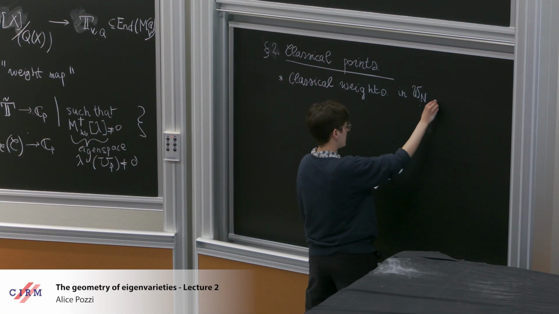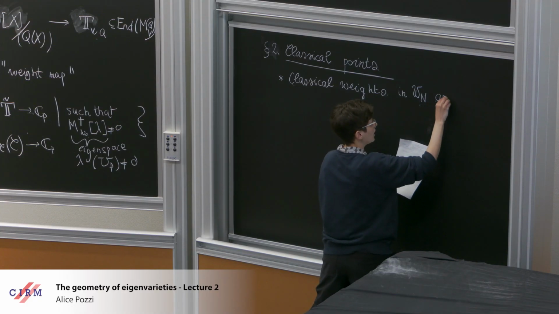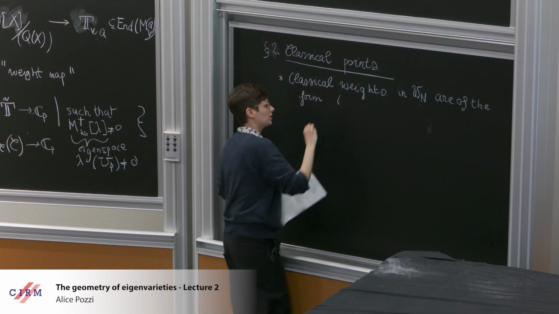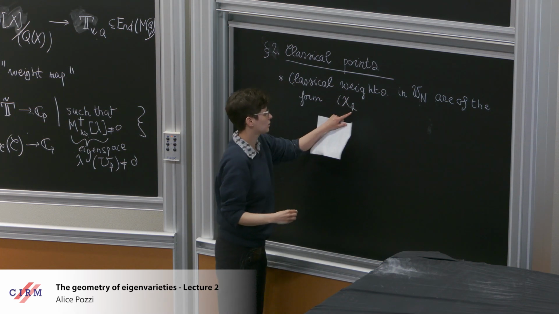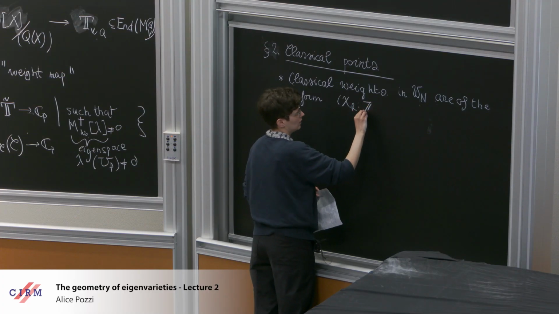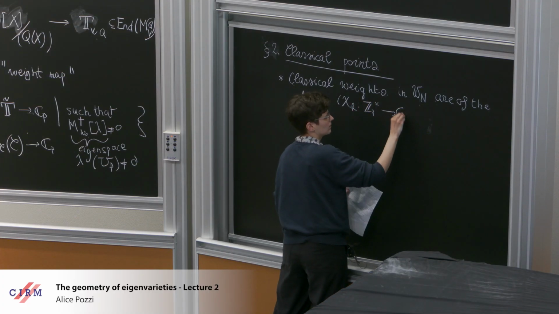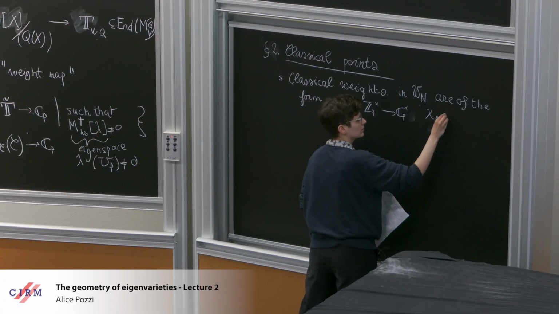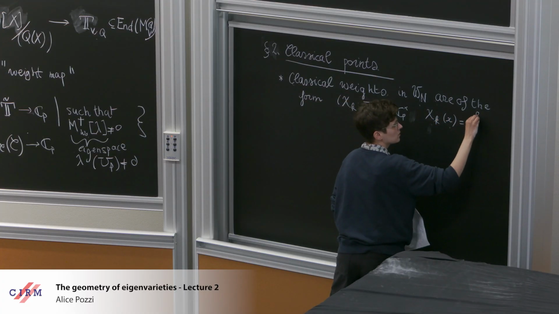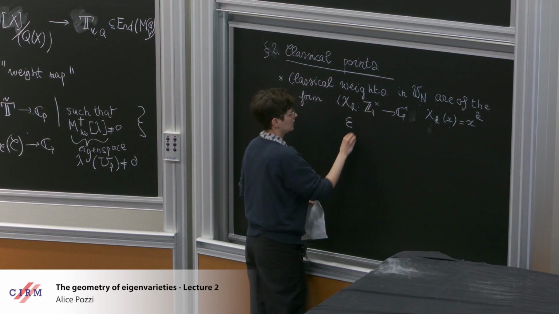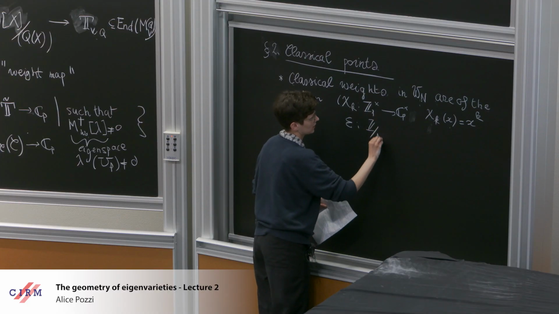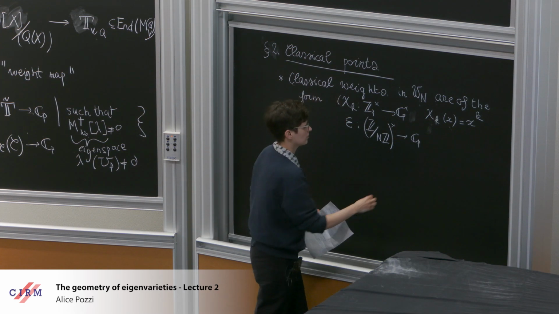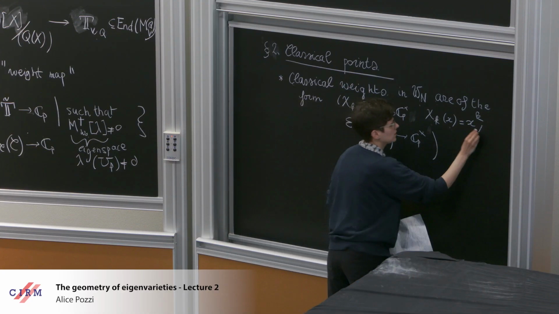And I'm going to say that the weights that I call classical are of the form of what I called classical weight yesterday, corresponding to the integers k, sending x to x^k, and epsilon, a finite order character. I don't mind what this is.